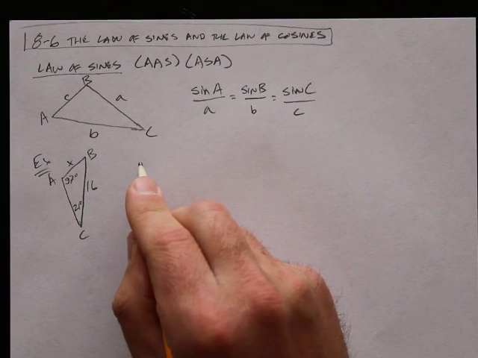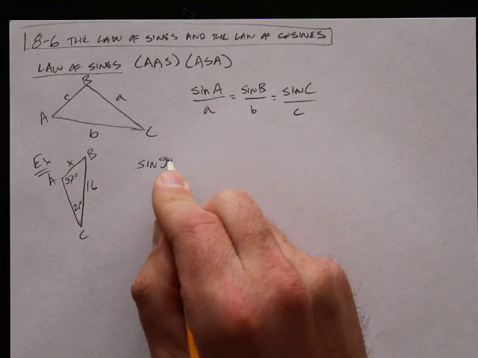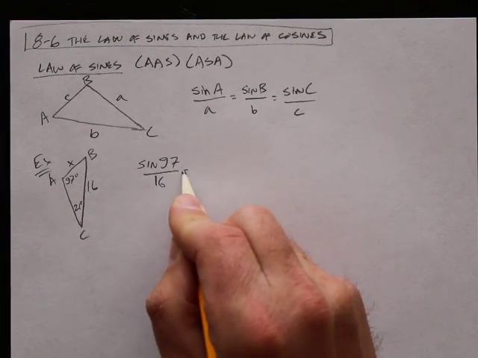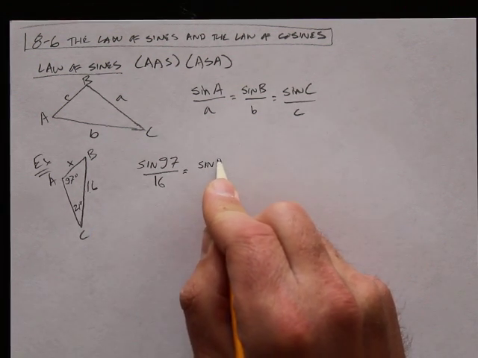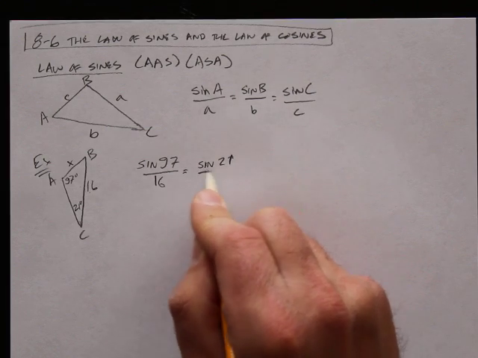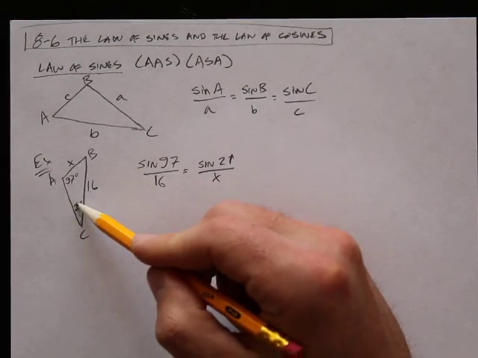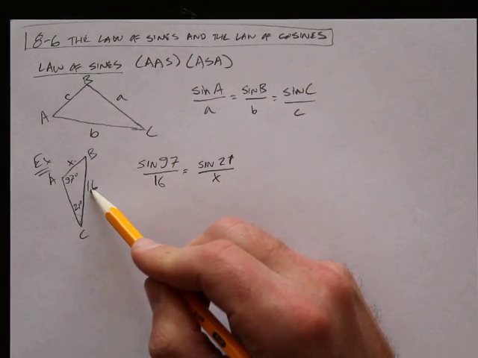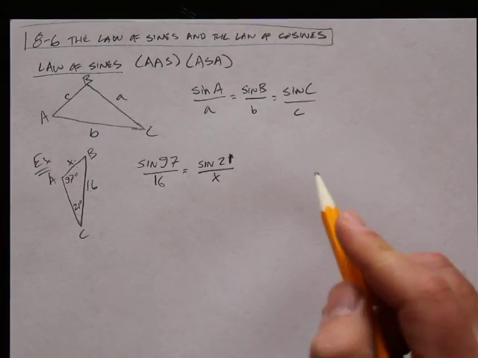So I'm going to say sine of 97 degrees, which is sine of A, over 16 equals sine of 21 over x. So I take the angle and I put it over the opposite side. And now, this is a 21 here, now I can just solve for x.